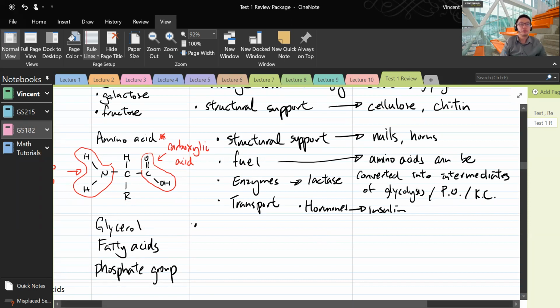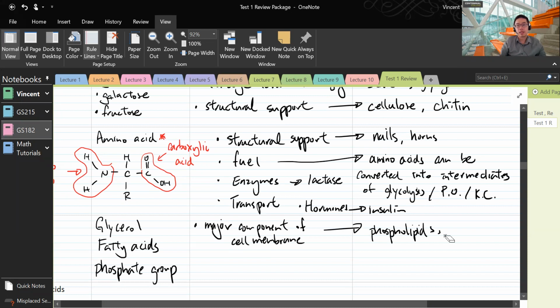Functions for lipids. Yep. So cell membrane, a major component of the cell membrane. So we have phospholipid, right, as well as cholesterol, right? Well, cholesterol is not really a major component, but nevertheless, it is a key component of it. Christina said insulate and protect organs. That is very good.